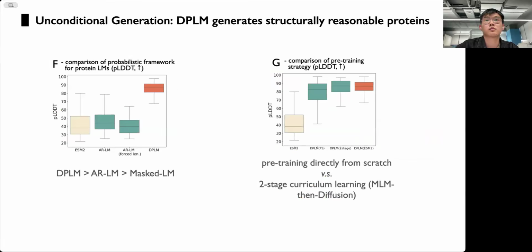We are not doing latent diffusion or that kind of thing. One thing I forgot to mention is that our model is identical in terms of model architecture to ESM2, because we want to do a fair comparison.